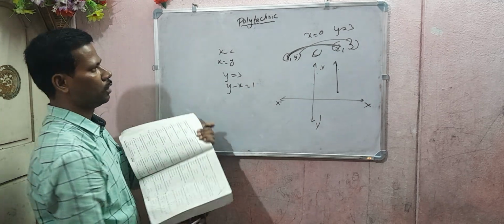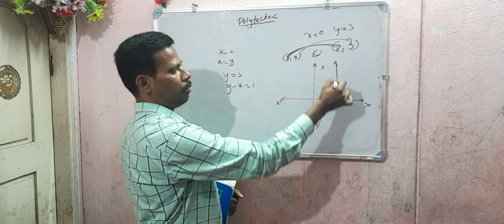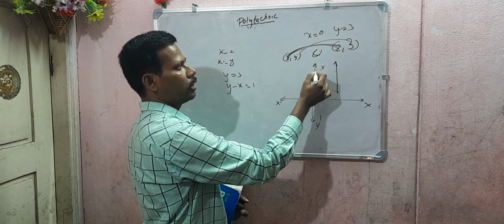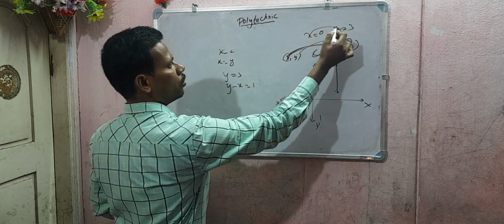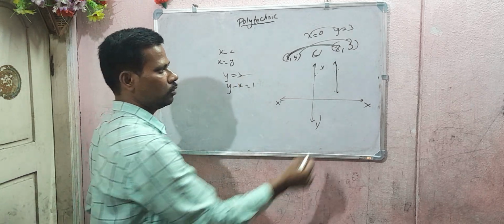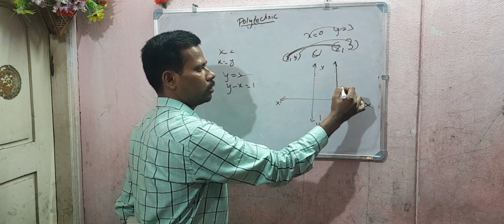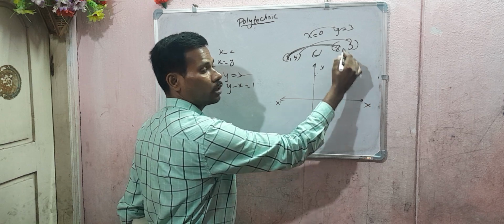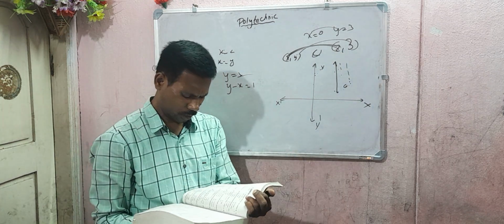So easily, parallel line to y-axis means x coordinate is 0. So x is equal to 0, y is equal to 3. So obviously this is a line parallel to y-axis and y is always 3. That means y coordinate is always 3, 3, 3, 3, like that. That's it.